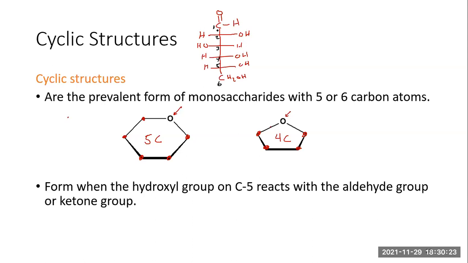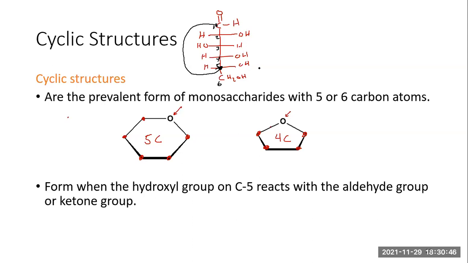So in the case where you have 6 carbons, the last chiral carbon, right here at carbon number 5, will go and find the carbon-oxygen double bond, which in this case is carbon number 1. And that is going to make up the ring that you're going to get.